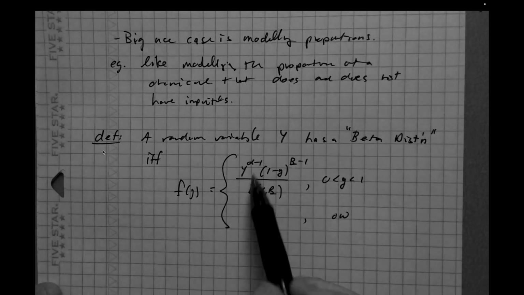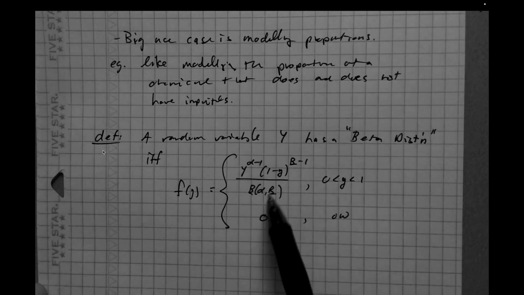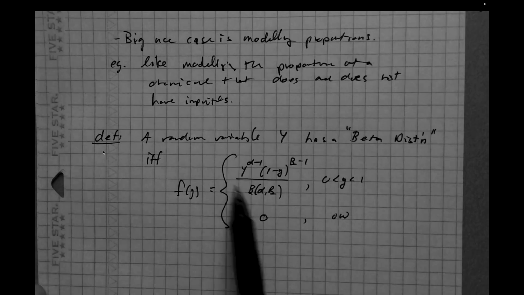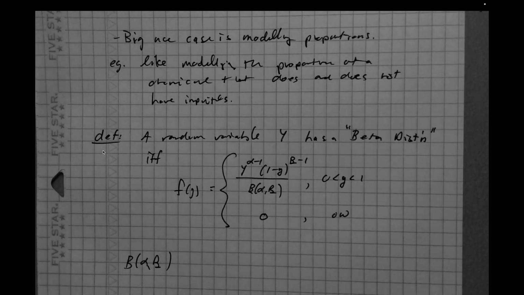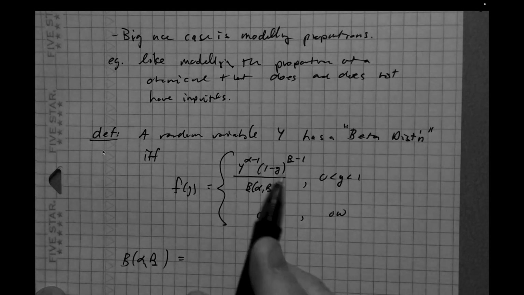Now here, just like the gamma function, we have this function within a function inside the beta function. So what is this thing? The beta function B(alpha, beta) is another integral similar to what we saw with the gamma function.